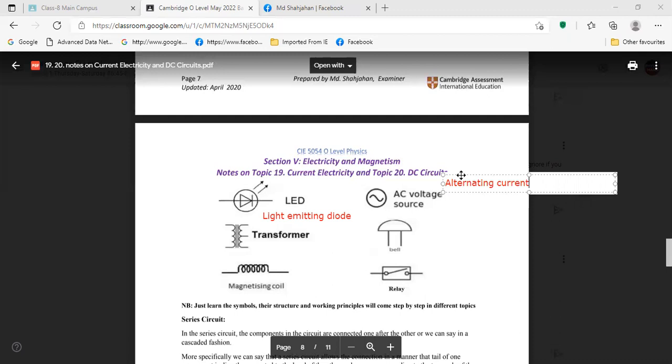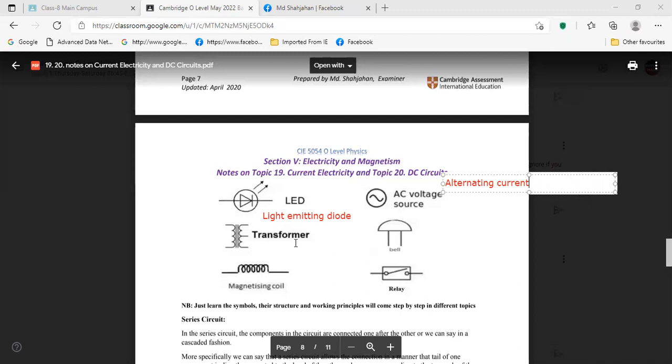And alternating current is the source which helps us to get the voltage varied using the transformer.